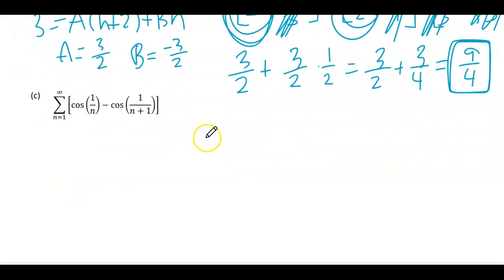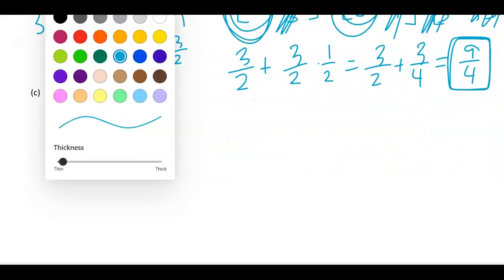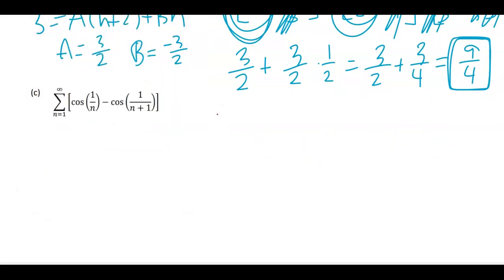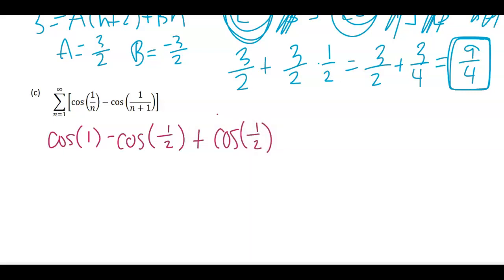All right, everybody's favorite. Let's do this with some trig. All right, if I need to figure out the cosine of 1, we'll leave that alone, minus the cosine of 1/2. And then I need to add into that, plug in 2, the cosine of 1/2 minus the cosine of 1/3.